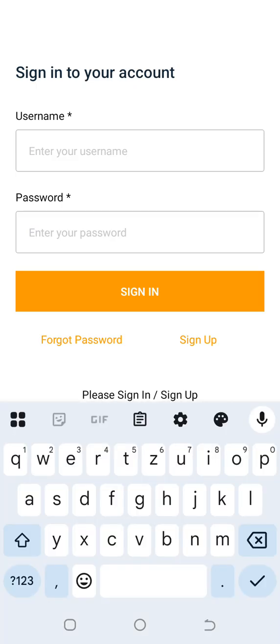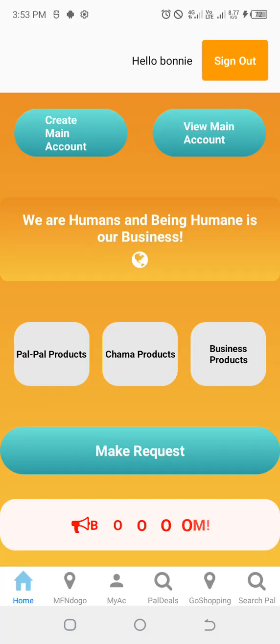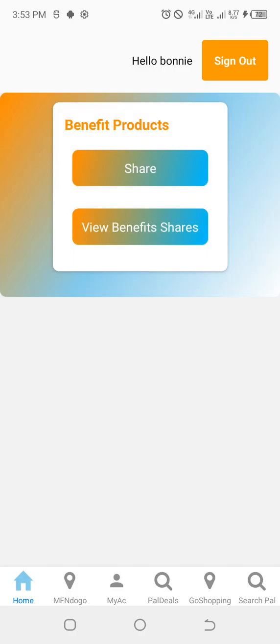Let me now log in as Boni and see if I can contribute towards the same cause of Chama. You remember that particular product? Don't forget it, please. So let's share benefits.